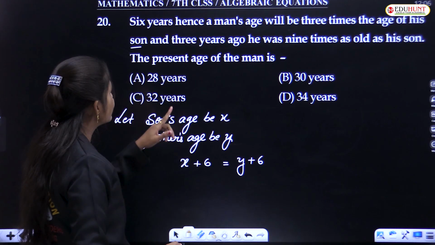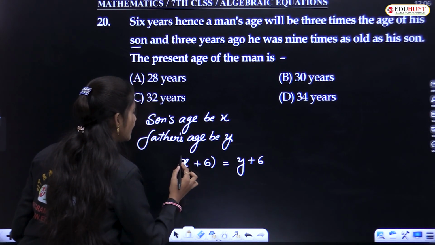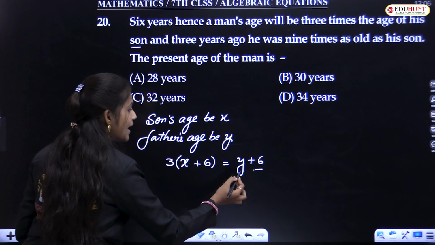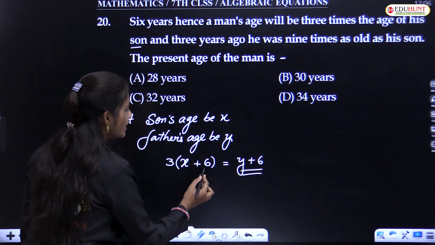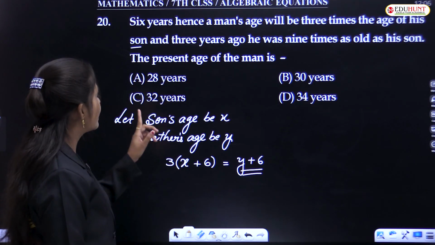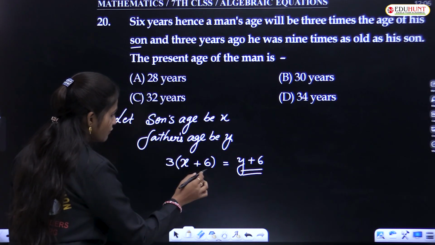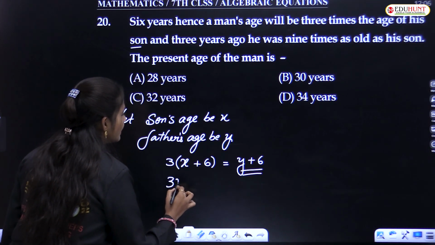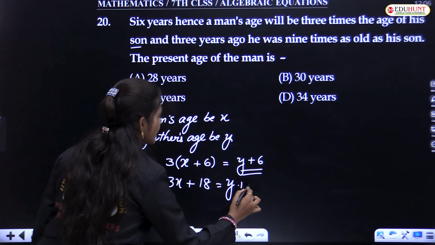Okay, but here the condition given, what is that? 3 times the age. So the man's age after 6 years is 3 times the age of his son. This is the meaning. Next, the second condition they gave. But first, better to simplify this. 3x plus 18, which equals y plus 6.